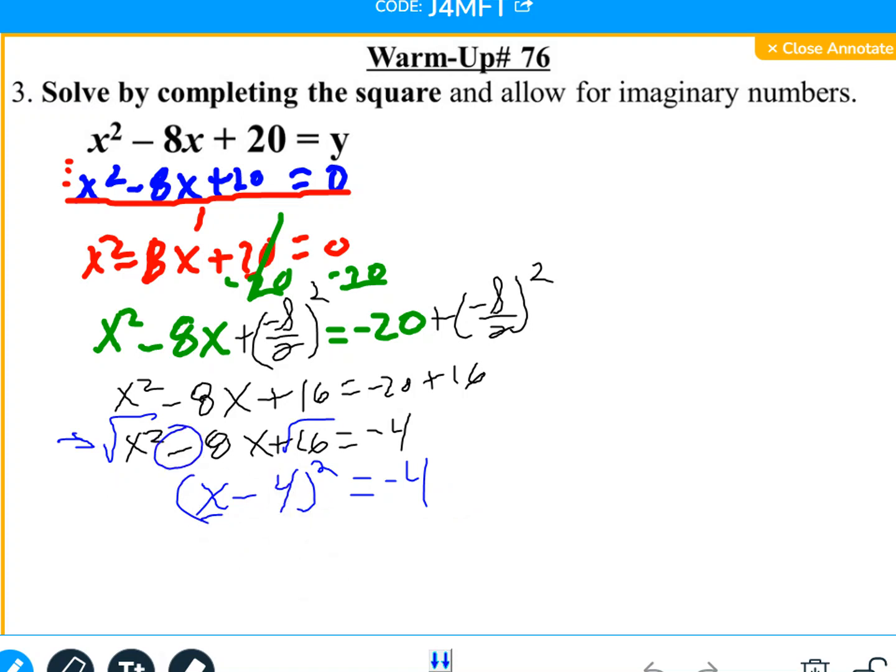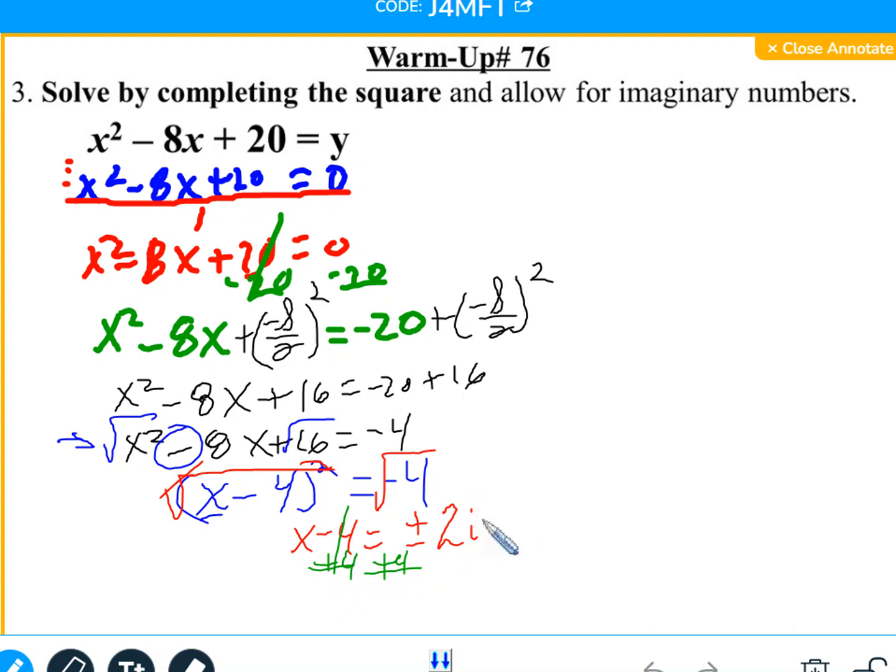Yes, there it is. And the last steps, we need to leave x by itself, so square root, we end up with x minus 4 equals plus minus. What is square root of negative 4, everyone? 2i, yes.